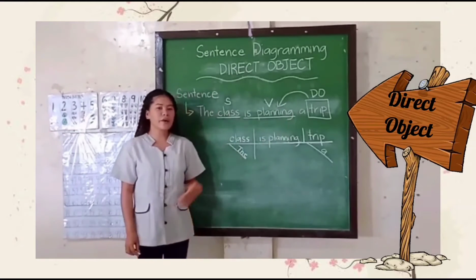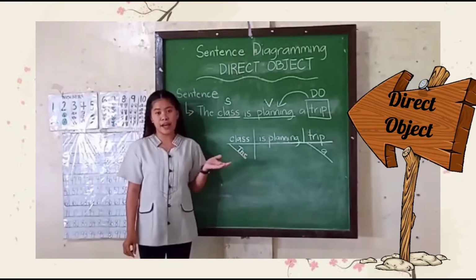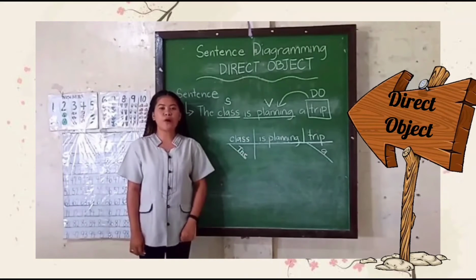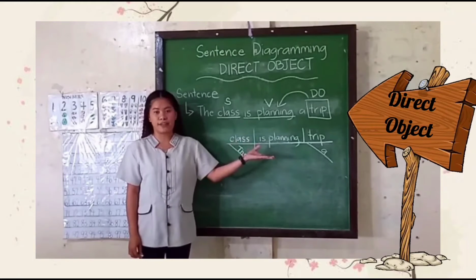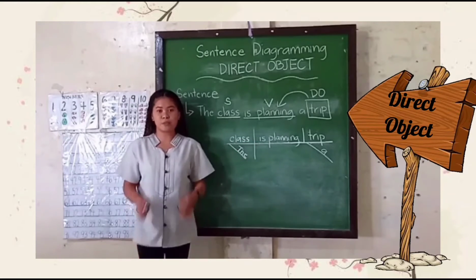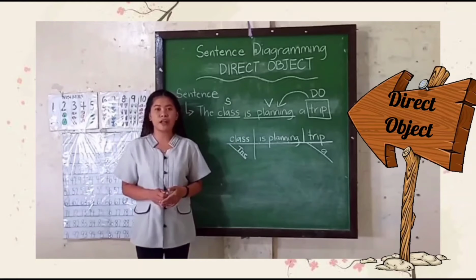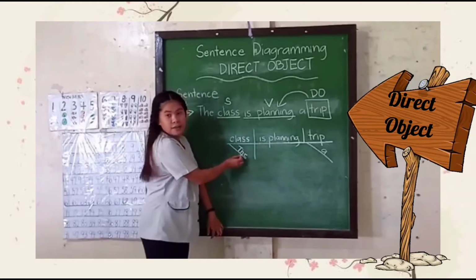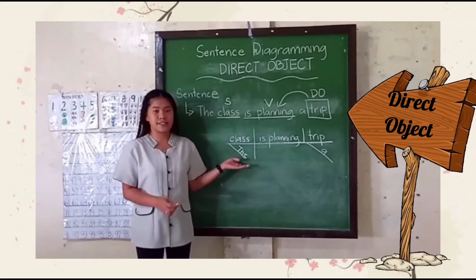When you diagram a sentence that has a direct object, you're going to have your subject and predicate on the horizontal line, like we've been working on, class is planning, with the definite article, the, under the class.